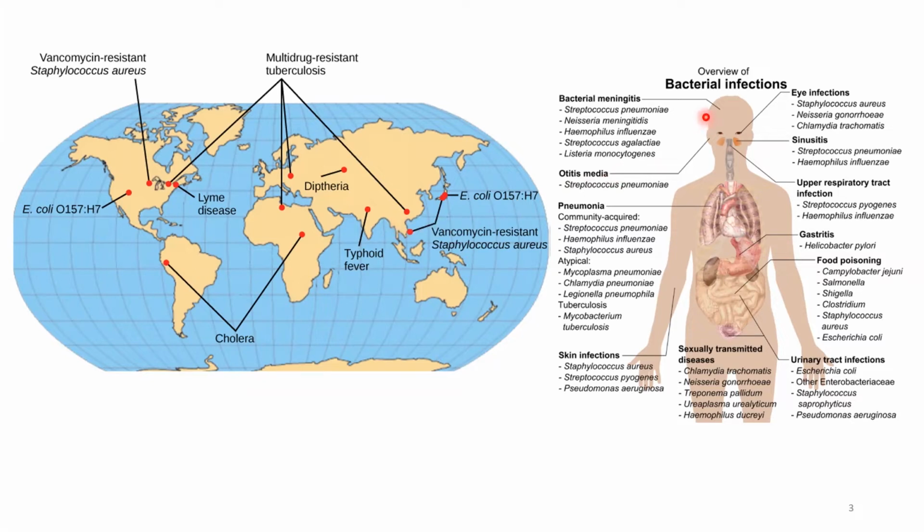So this is the overview of bacterial infections that cause meningitis, otitis media, pneumonia, skin infection, sinusitis, and many bacterial infections that still are a major problem in Thailand. And in Thailand, we also have a specific disease such as melioidosis, in particular in northeast Thailand.